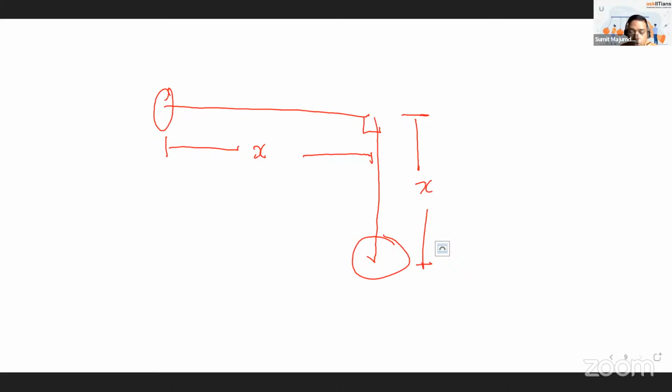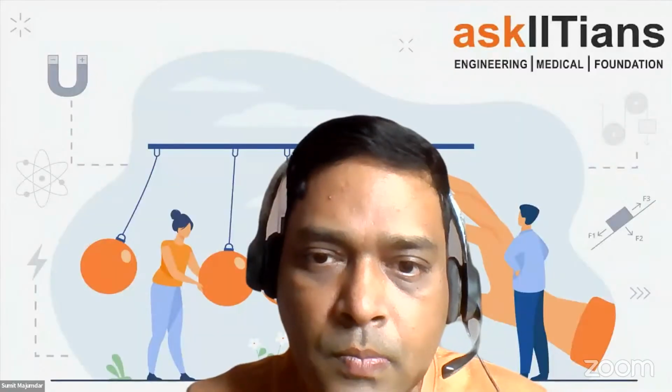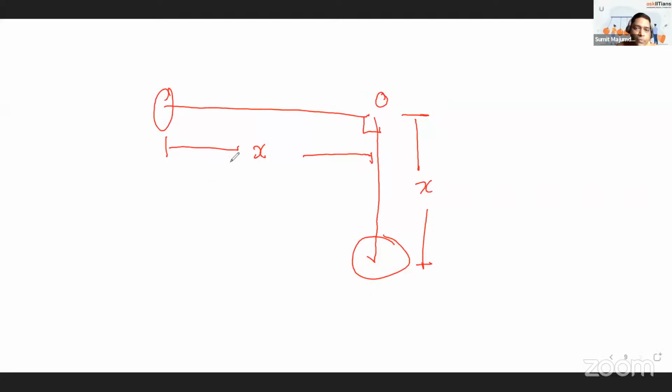So let me just also mark. Okay, this is point O. This is point O, and this is loop 1. This is your loop 2.